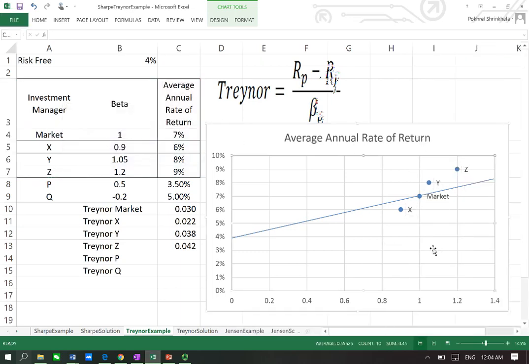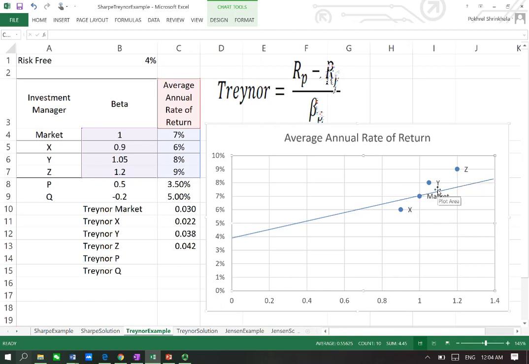okay, yeah. So you can see that the portfolio X not only ranked the lowest of the 3 managers, but did not perform as well as the aggregate market on a risk-adjusted basis.